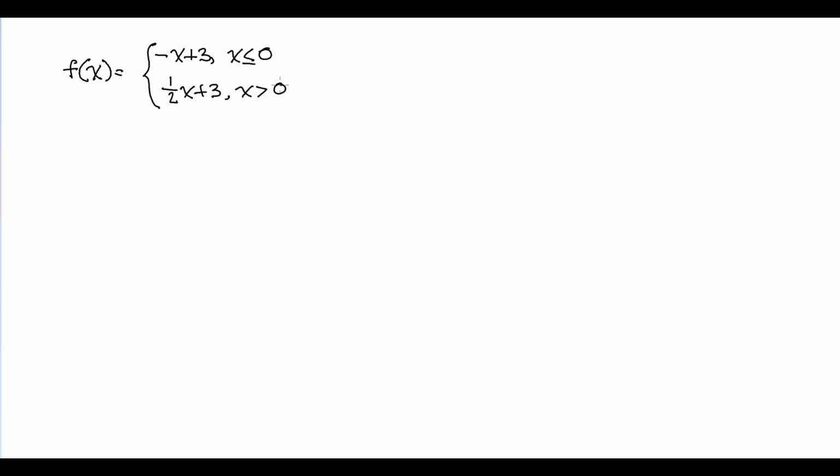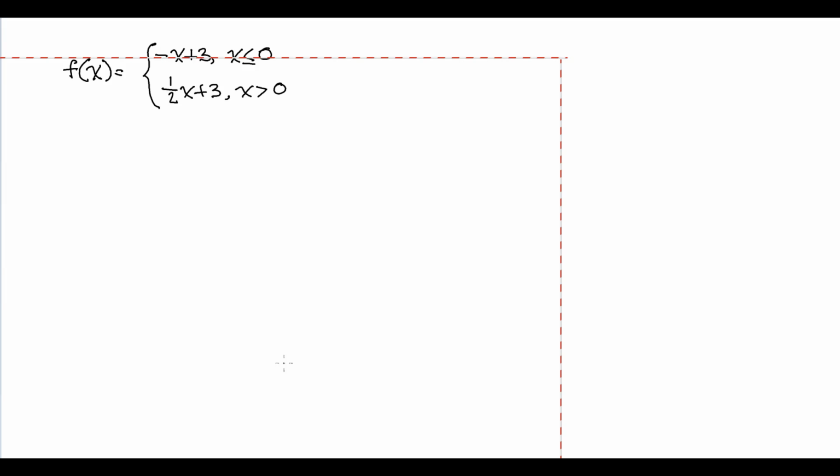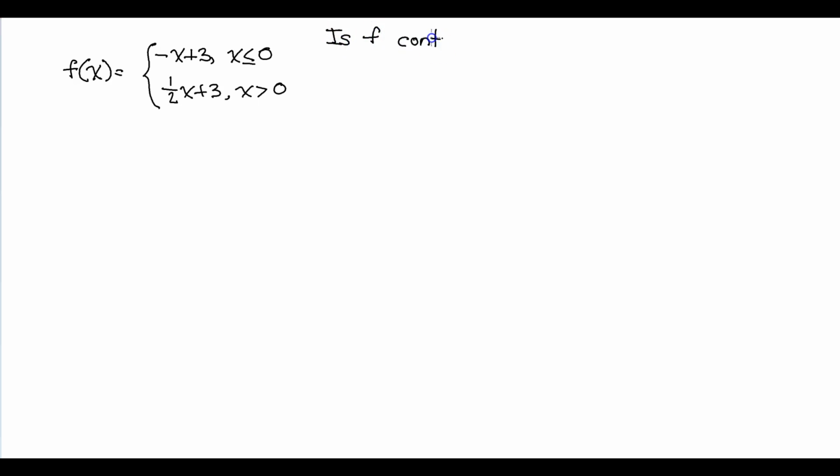So first we need to check whether the limit exists. The function definitely exists since we know these are continuous everywhere. We just need to check if it's continuous at 0 to see if it's continuous on the whole line. So the question is, is f continuous at x equals 0?